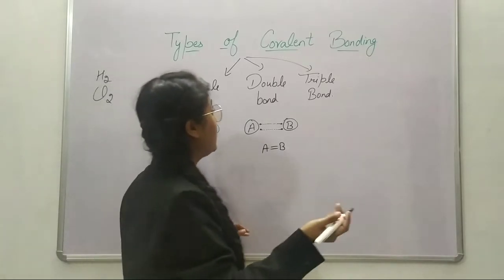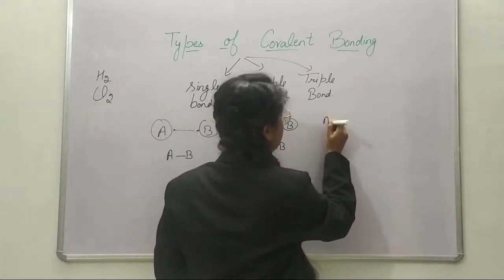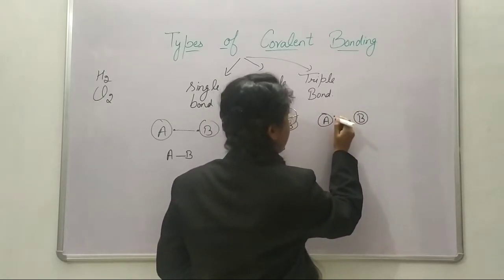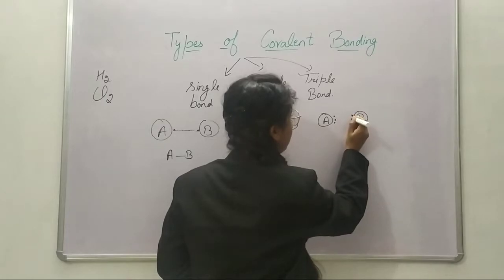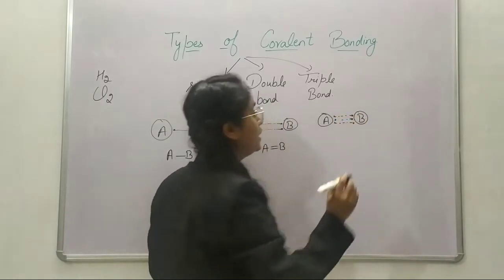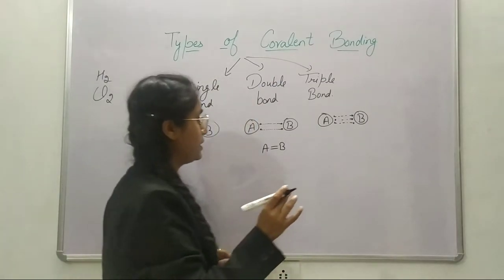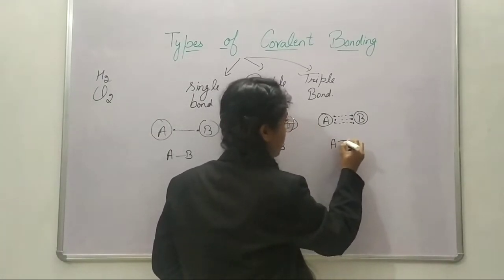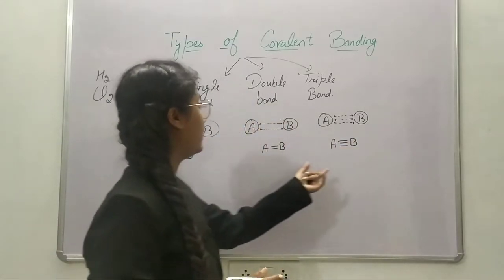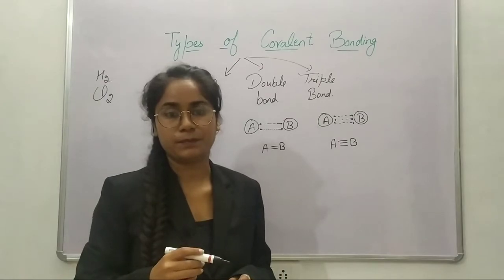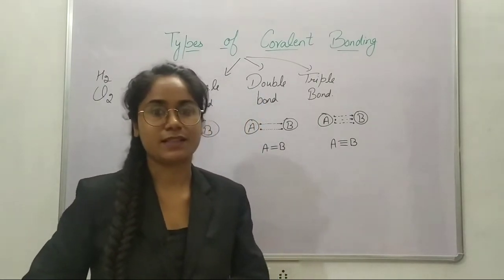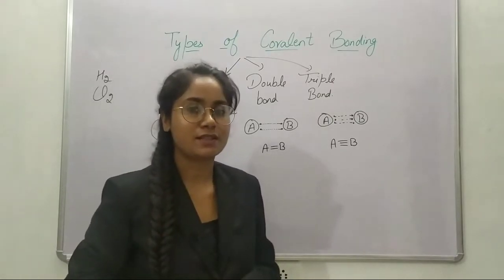Similarly in case of triple bond, three pairs of electrons have been shared, 1, 2 and 3, and three bonds are formed. Triple bonding has been formed and is denoted by three lines, and here is the triple bond. Apart from this, tetrahedral bond is also present, and we will also discuss it.